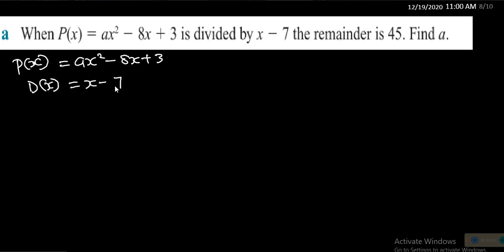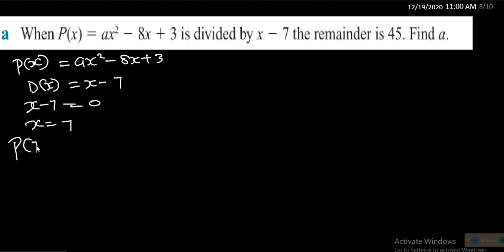Now look at another example. When p of x equals ax squared minus 8x plus 3 is divided by x minus 7, the remainder is 45. Find a. So now let's state what we have first. Solution: p of x is ax squared minus 8x plus 3. The divisor is x minus 7, and then let x minus 7 equal 0, so that will give us x equals 7.